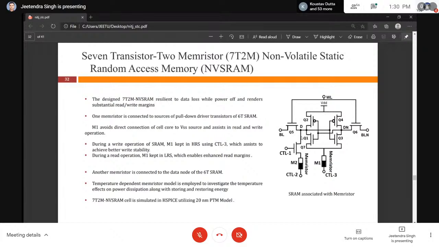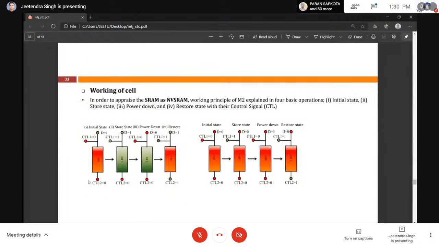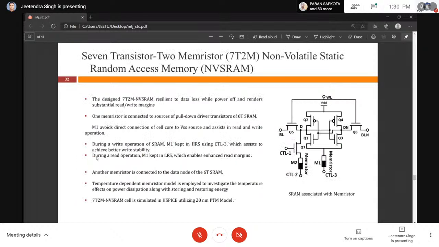So whenever the power goes off, the whole information is stored in the memristor, and when the power comes back, it will return to the node. This can be understood by this graph. This is the explanation for this memristor, that is M2, which is connected to the data node.